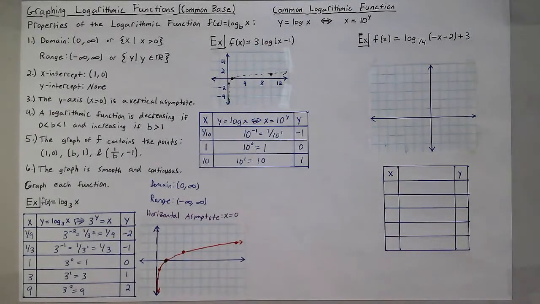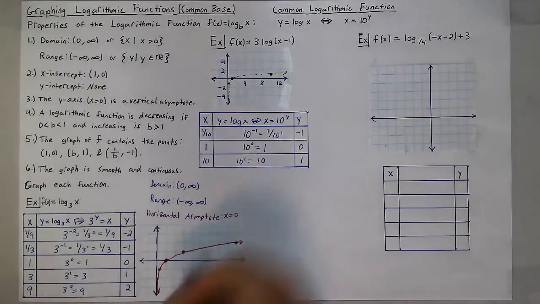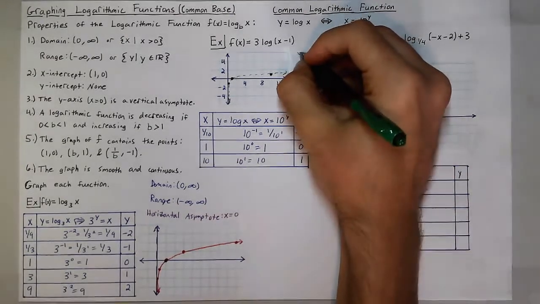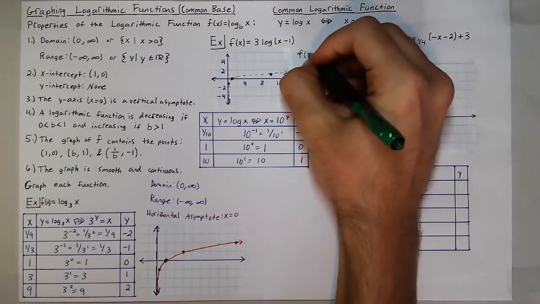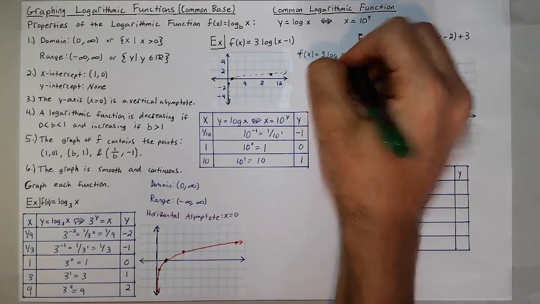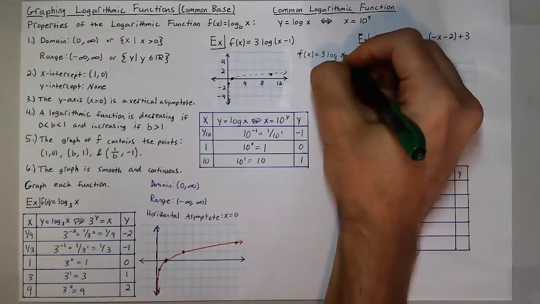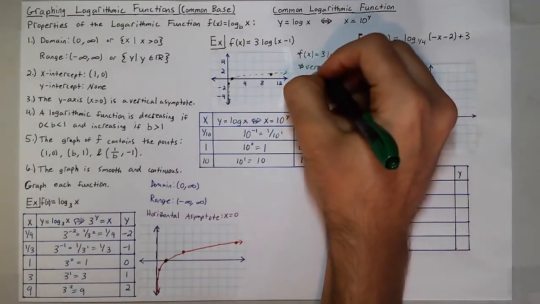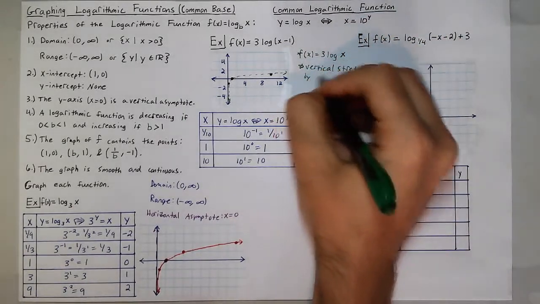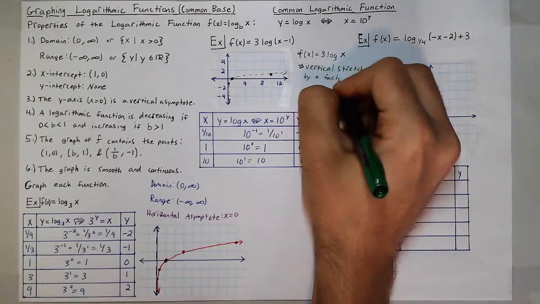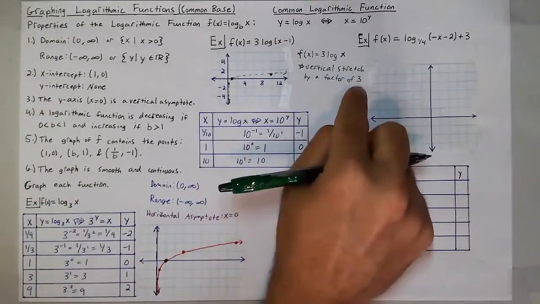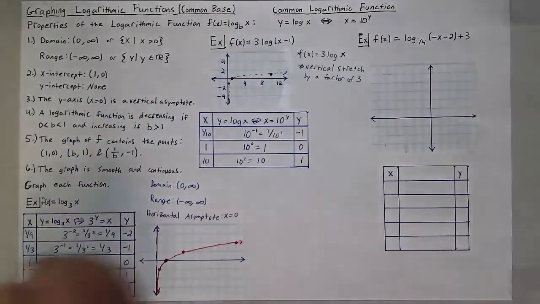Now let's apply these transformations that are taking place. So the first transformation I notice is 3 log of x. I'll save the -1 for later, but this transformation is a vertical stretch by a factor of 3, which means that every y value is going to be multiplied by 3 to find its new location.